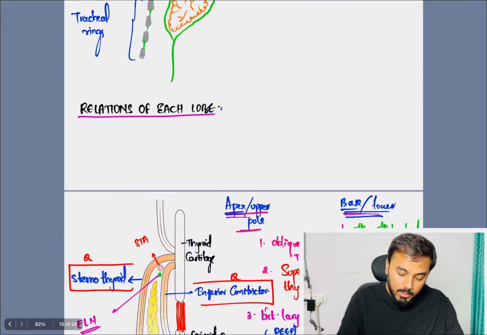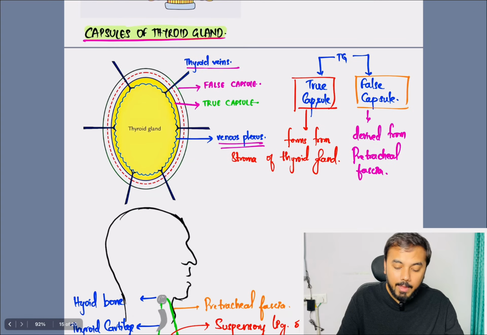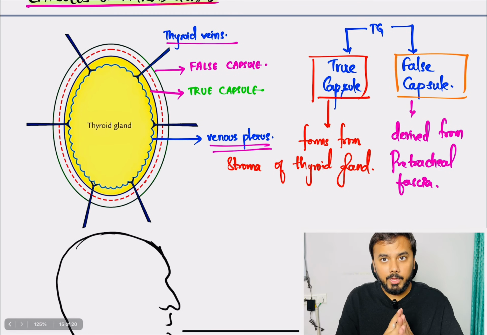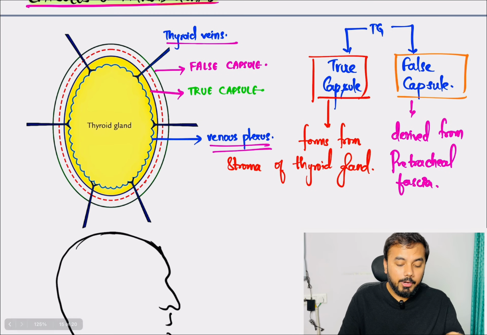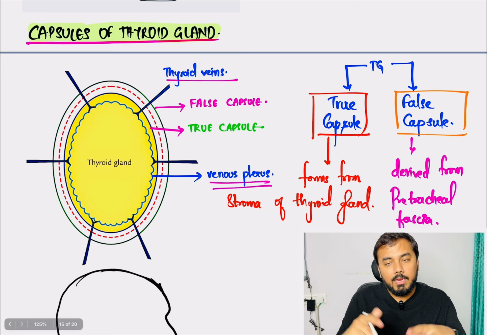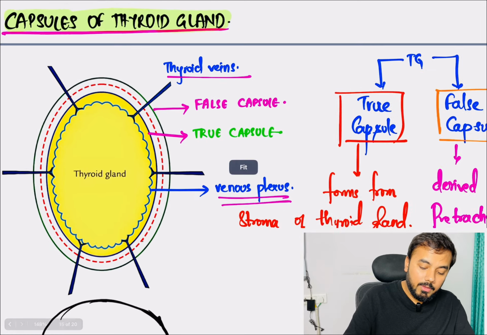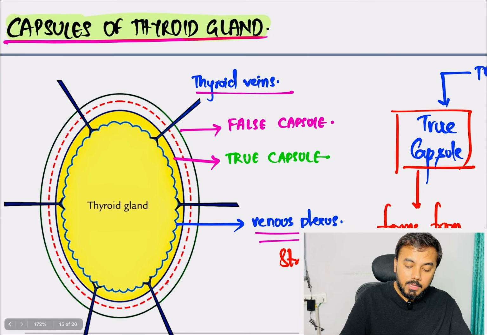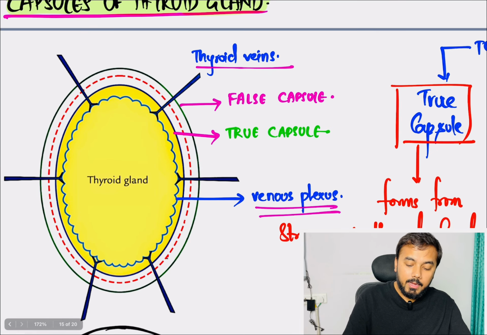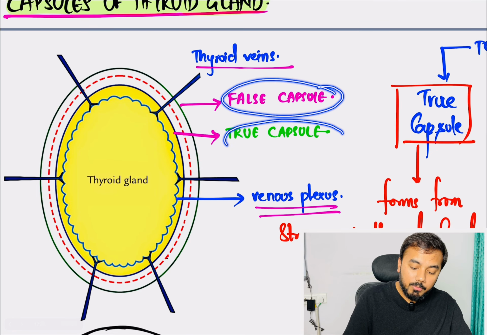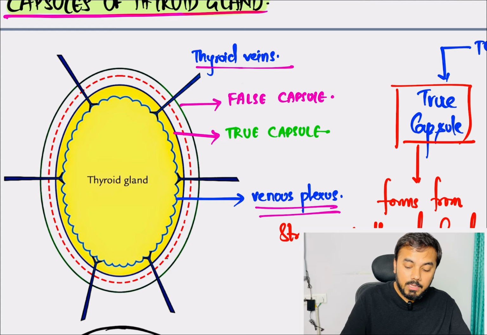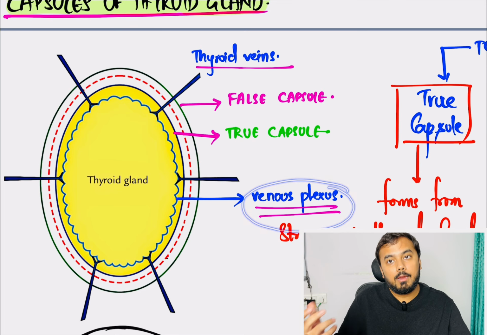Right, next important thing I want to tell you, the clinical part which I told you when I was discussing the capsules. Normally, when you want to remove the thyroid gland, not only do you clamp the arteries, you even have to remove the capsule. Just look here carefully. I told you previously that if I have to remove the thyroid gland, I have to remove the false capsule, I have to remove the true capsule, and the venous plexus also has to be removed.